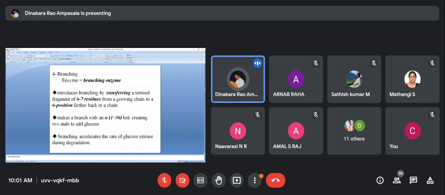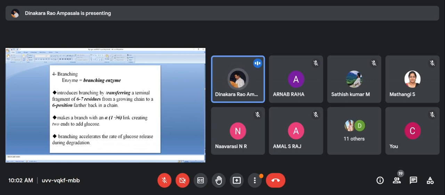Okay, so like this, once another 6 residues having 1,4 linkage are added, another branching enzyme creates another 1,6 linkage, so that another 3 points will be there to add glucose molecules in the polymer. Like that, many branching points will be created by branching enzymes, so that there will be many sites to add activated glucose inside the glycogen structure.